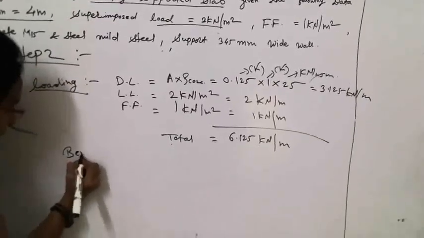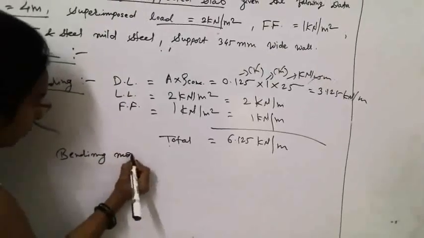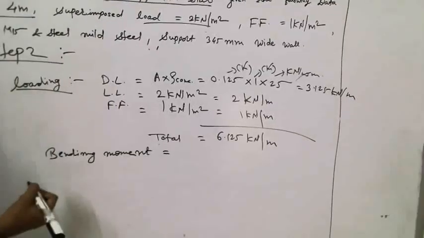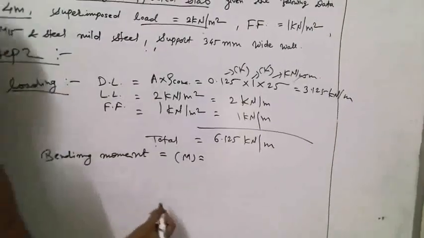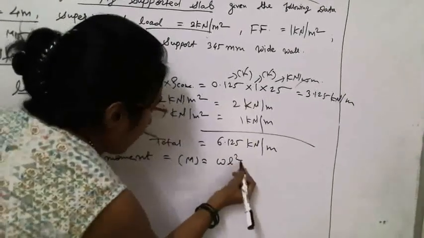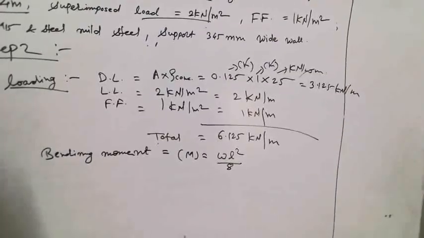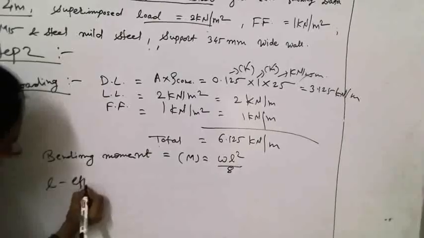And the bending moment for a simply supported case is WL square by 8. L is nothing but the effective span.